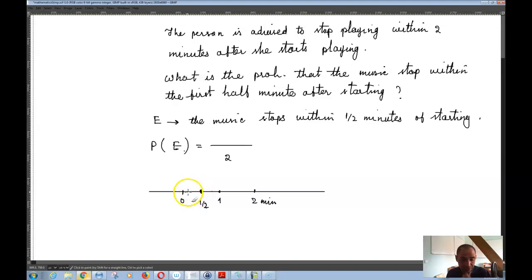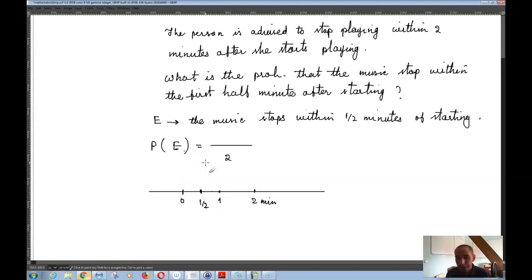The problem is that there are countless points in time between t equals 0 and t equals 1/2 minutes. So there is no way to know what number to put here, because there is an infinite number of time points within this time interval.